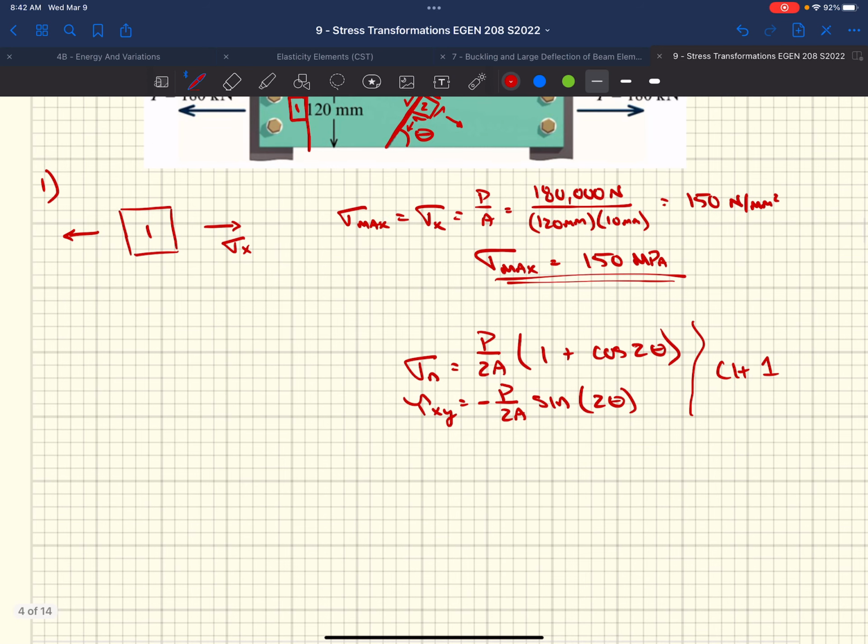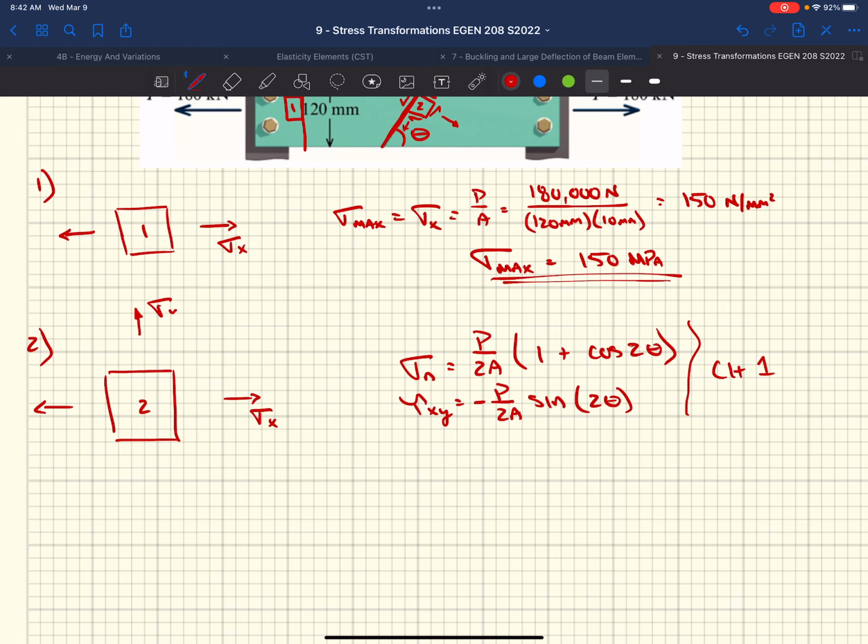So what does that mean? Well, we can just plug in. So this is part 2. We're looking at what's going on in block 2. We're going to have some sort of sigma x, sigma y, and tau xy and tau yx, something like that.